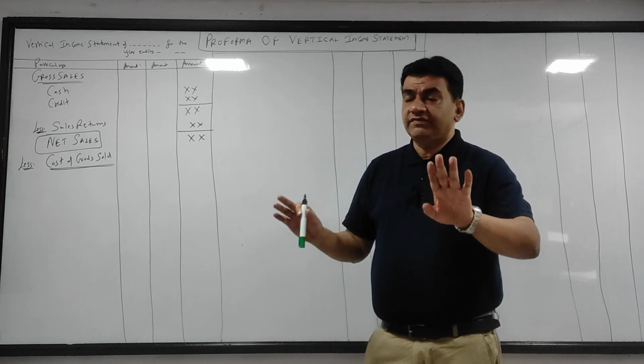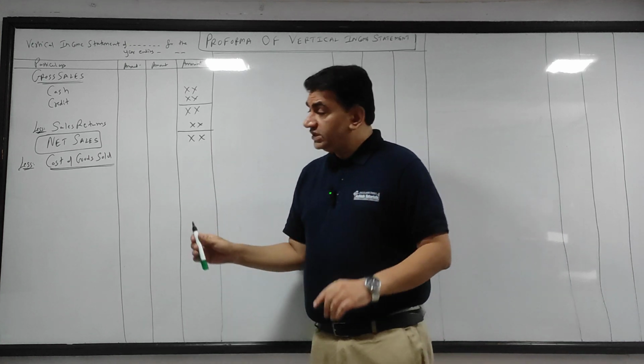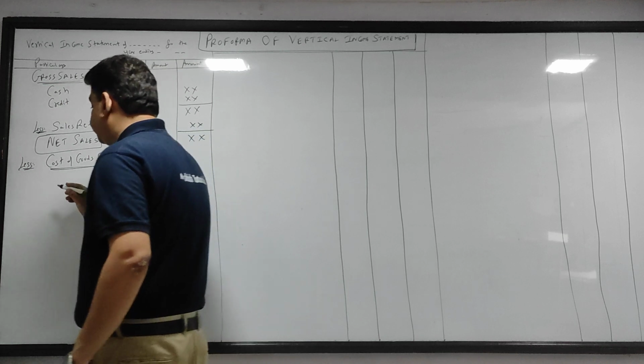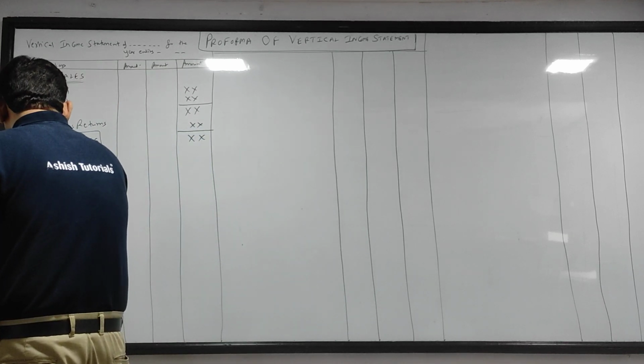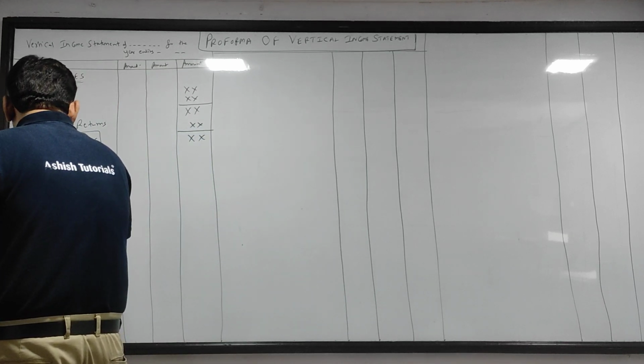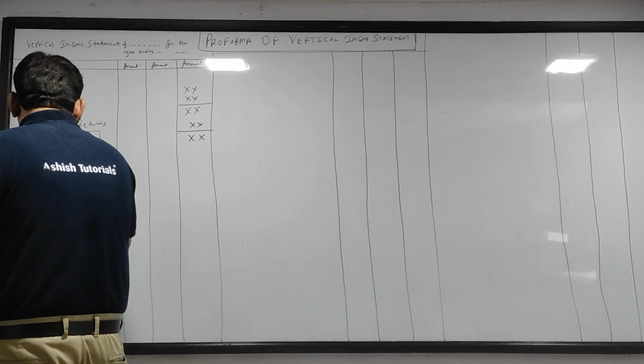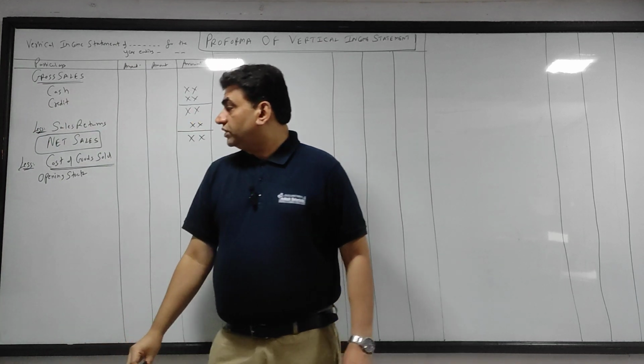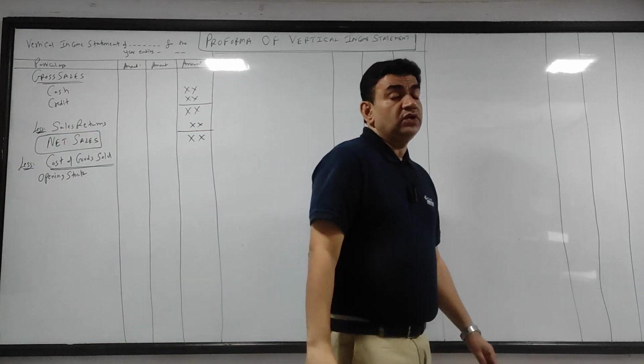Don't get confused. So, how does cost of goods sold start? Cost of goods sold will start with opening stock.